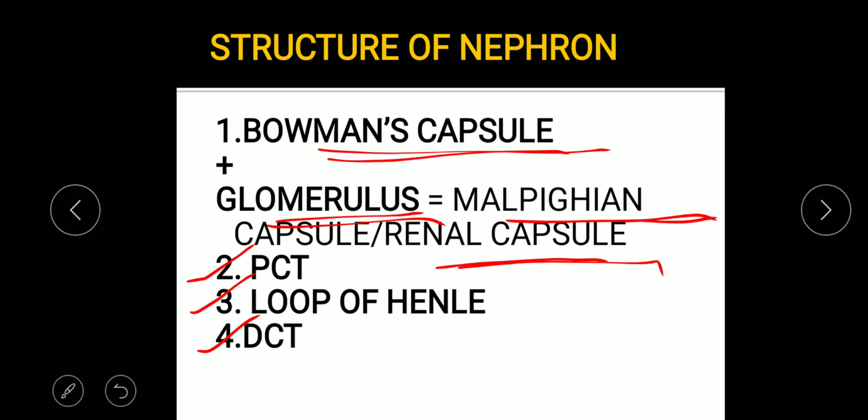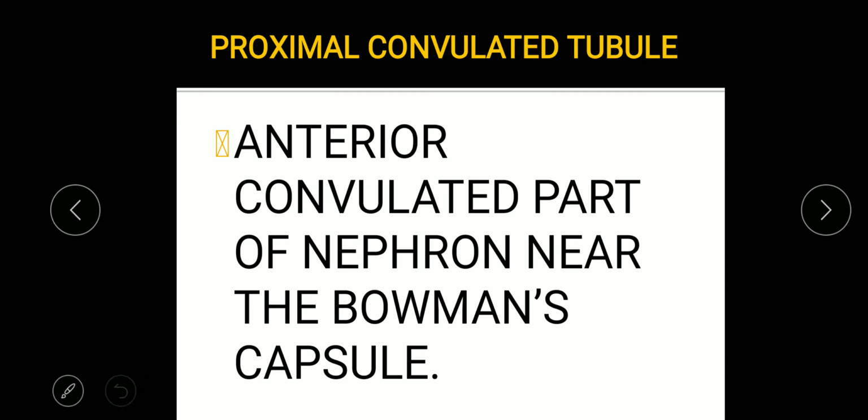So you must have understood now what is Malpighian capsule. Bowman's capsule plus the network of blood capillaries in it is combinedly known as Malpighian capsule. Again, Malpighi was the name of the scientist who discovered it, and renal capsule because it is found in kidney.